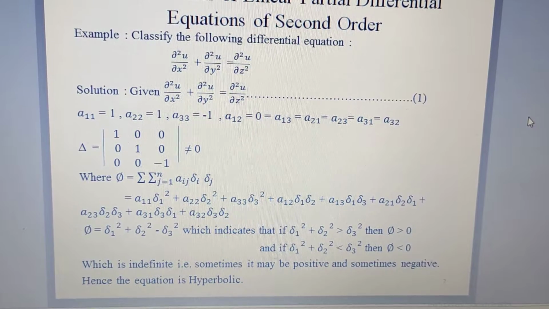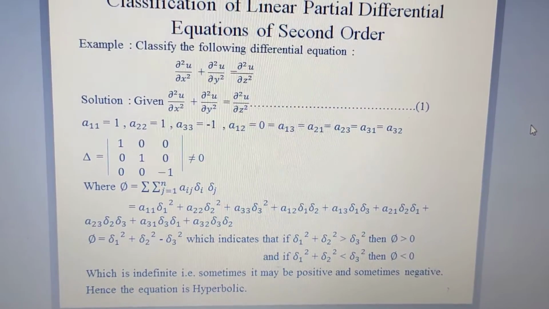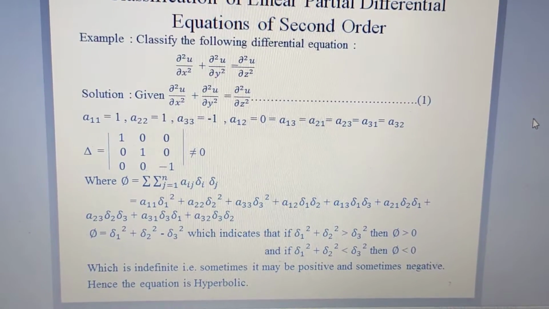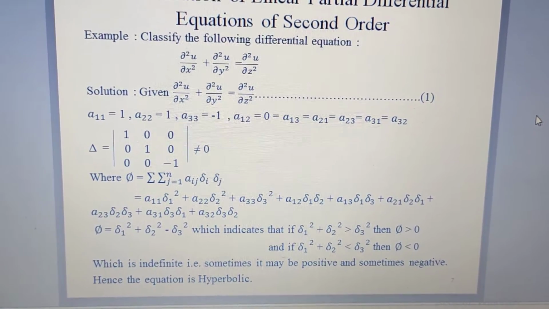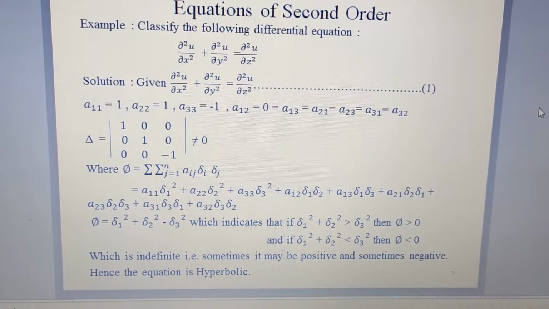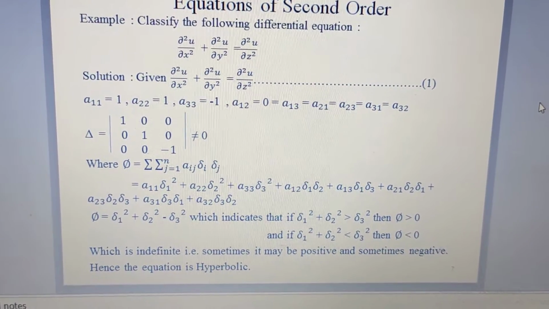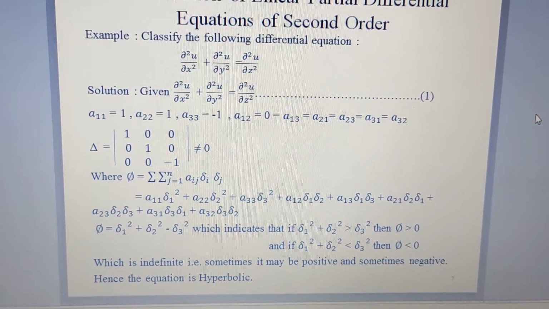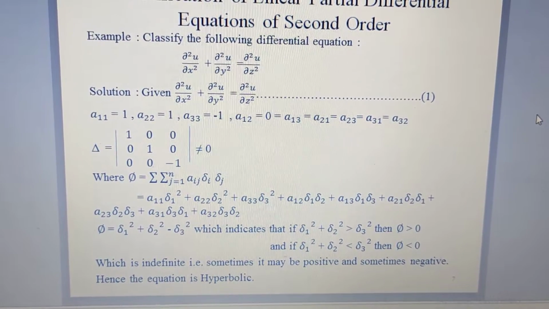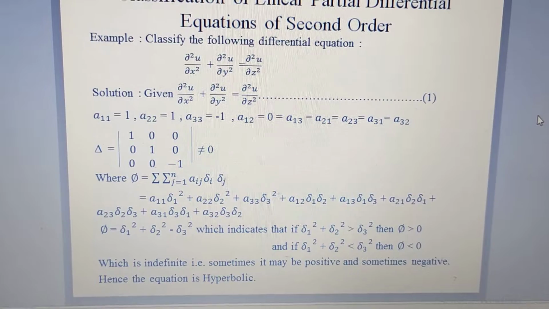By putting all the coefficients stated over here in phi, we have phi is del 1 square plus del 2 square minus del 3 square, which indicates that if del 1 square plus del 2 square is more than del 3 square, then phi becomes positive.